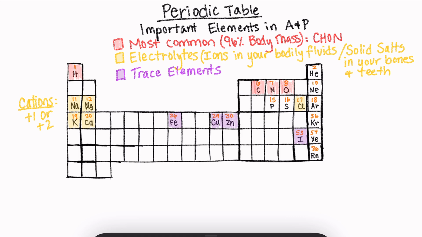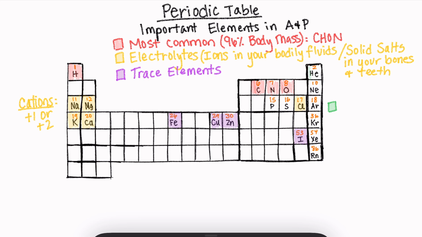Now, the fourth group that I want to mention here is not even involved in chemical reactions in your body because these ones are inert or non-reactive. But it's helpful for you to know a little bit about them because then you understand why some things like to make chemical bonds and other things don't.